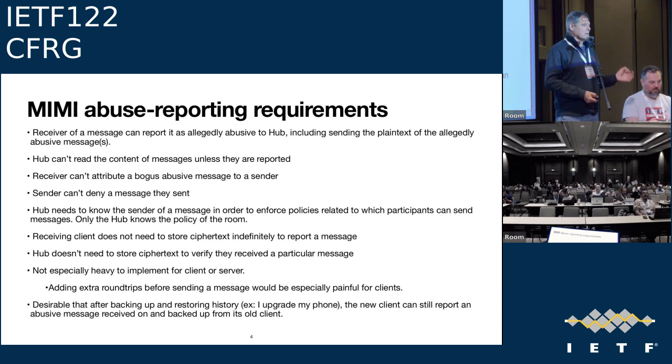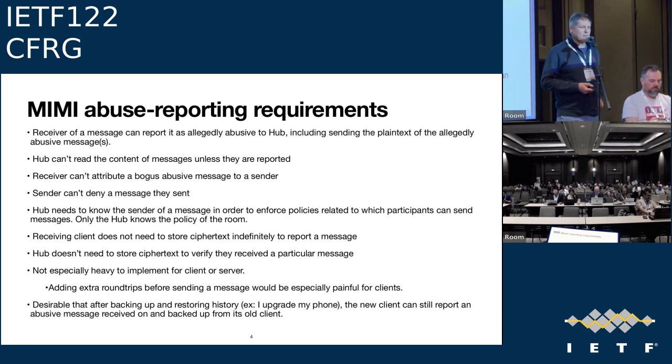A very important requirement for people who want to have busy instant messaging systems that interoperate is to be able to report abuse. In order to report abuse, we want to be able to find out whether certain messages are authentic or not, and there are various requirements. This is my synthesis of those requirements.